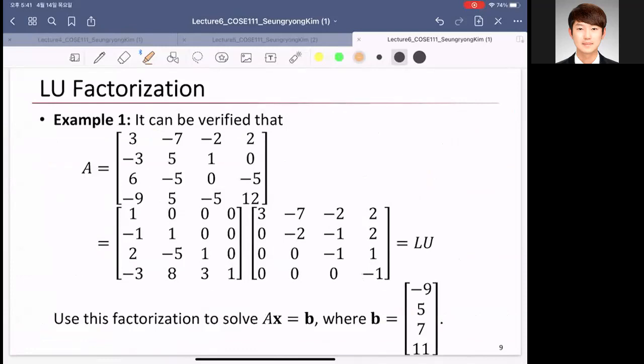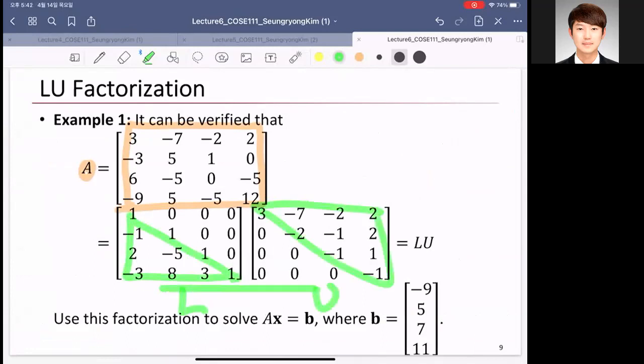First of all, you have a matrix A that looks like this. Let's assume that you already have matrices L and U that factorize this matrix A. Then use this factorization to solve AX equals B, where B looks like this.